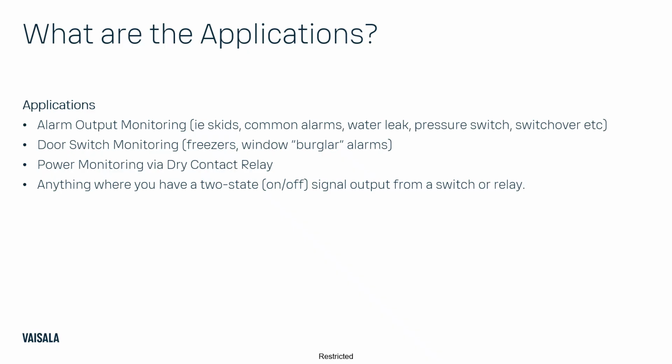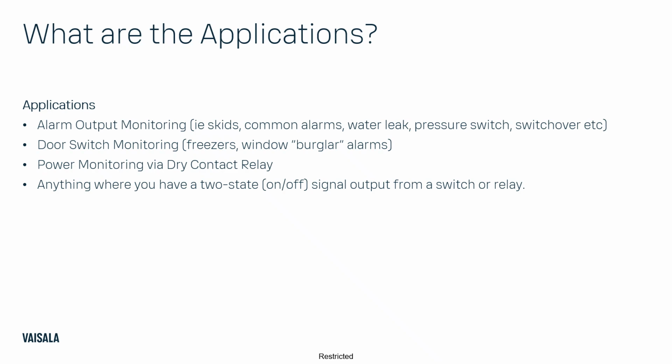You see these as being the outputs from water leak detectors, pressure switches, switchover valves. Everywhere in industry, there's an on-off alarm output. And you also see it for door switch monitoring or reed switches. These are used for monitoring the state of a door on a freezer or your typical burglar alarms at doors and windows.